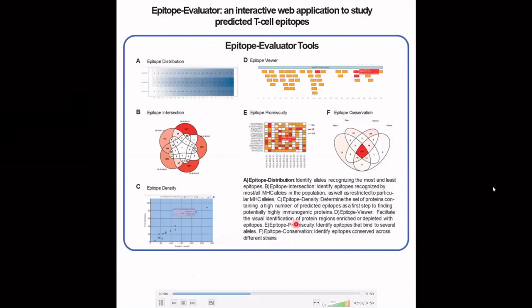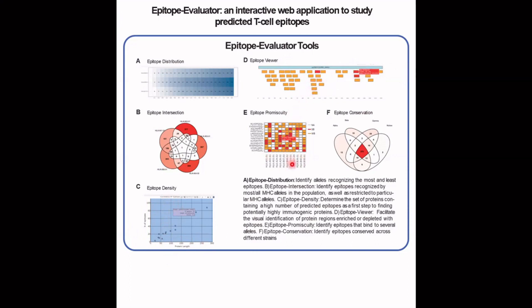Among the different tools, we have the epitope distribution that is important to identify alleles that recognize fewer epitopes, for example, the epitope intersection that shows you the number and the sequences of the epitopes predicted to bind to a particular combination of alleles, the epitope density that correlates the length of the protein versus the number of epitopes, the viewer to see the location of the epitopes in the protein, and also highlighting which of them are more promiscuous than others.